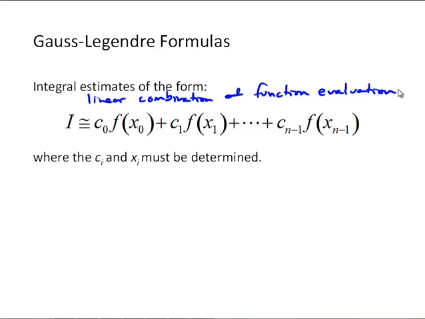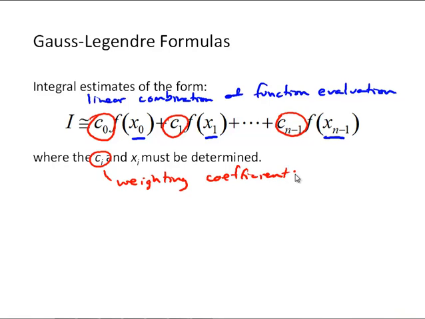Again, we are strategically finding the x points that we're going to take those function evaluations at, and also the c sub i's, which we call the weighting coefficients. We can write this concisely as our integral equals the summation of the c sub i's times f of x sub i. The next thing we need to look at is how we figure out the c sub i's and the x sub i's.